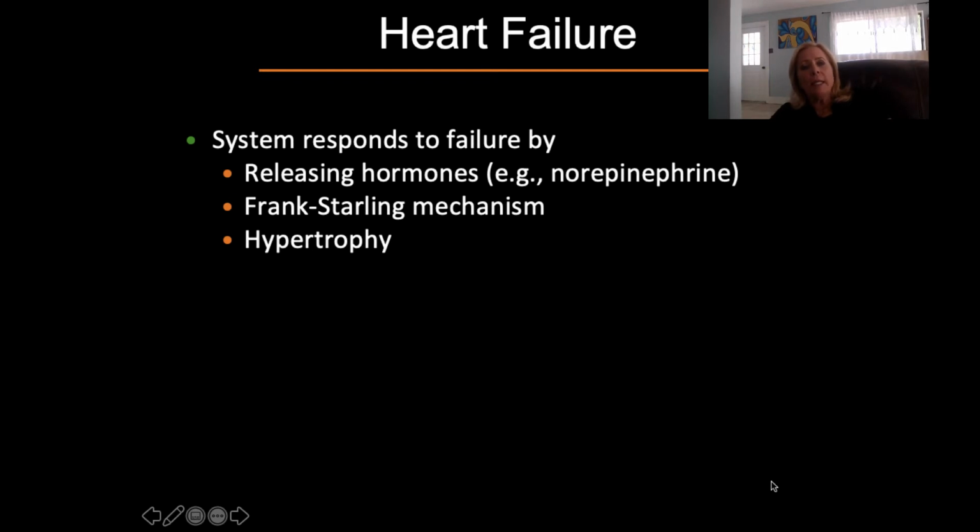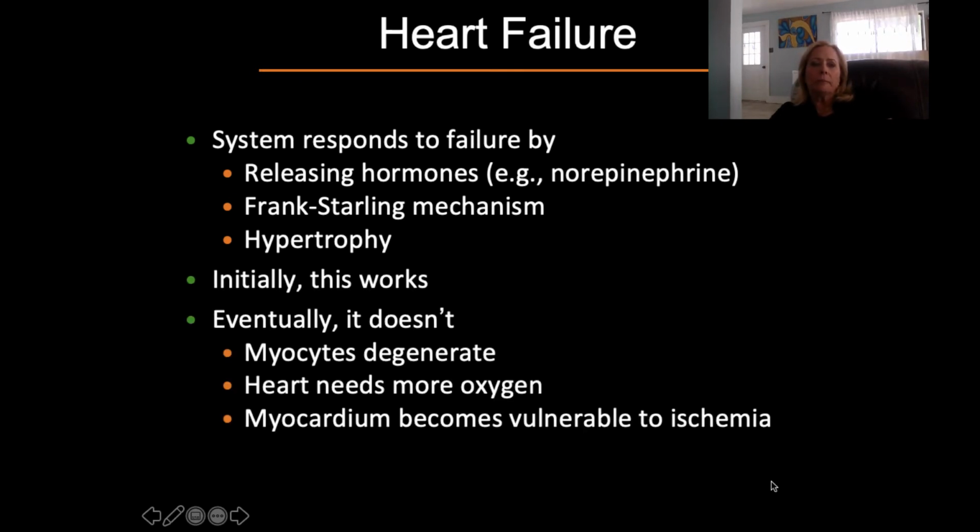But eventually the hypertrophy continues, and this turns out to be a bad thing for the heart. Eventually it doesn't work because the myocytes start to degenerate, and because of this, the heart needs more oxygen, and the heart becomes very ischemic. It doesn't have good blood flow, not enough oxygen, and you're going to have even greater heart failure.